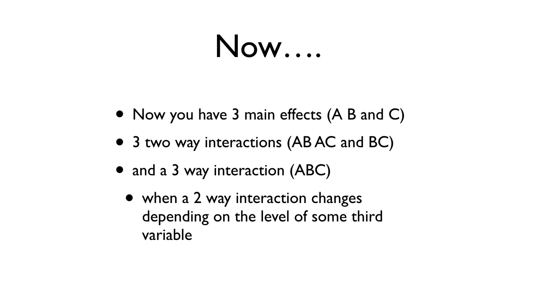This is not an uncommon kind of design, 2 by 2 by 2. You'll see, like I said, if you go to the honors Life Sciences and Environmental Physics Conference, you will see 3-factor designs. Almost certain of it.